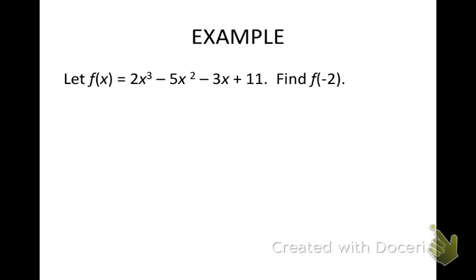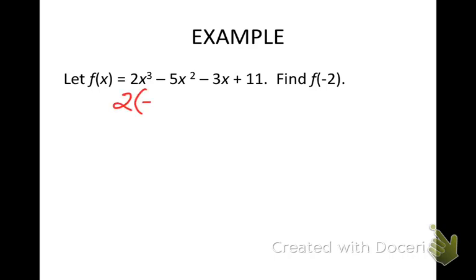Well, in the past, what would we do? We would plug in negative 2 in place of x, right? Which would not be totally inappropriate. You could easily do that. So I'm just going to make note of what this would look like.